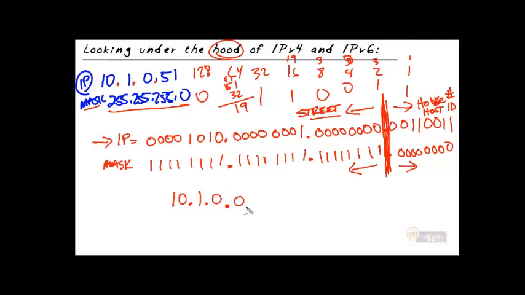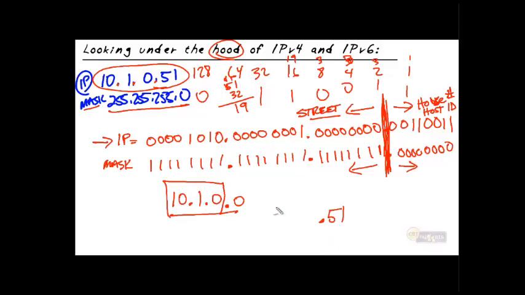And we could say also that this host, my PC, is host 51 on the network of 10.1.0. When we write it out, it's all kind of mushed together, but it's really representing two distinct parts: a street name of 10.1.0 and a house address or host address of 51.